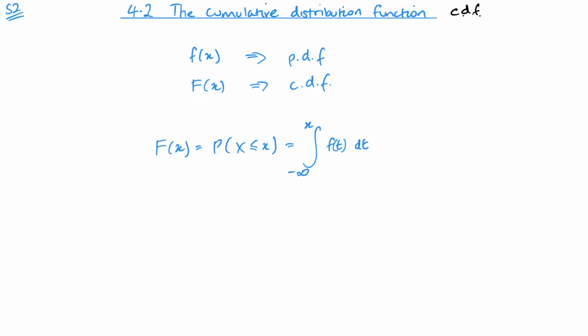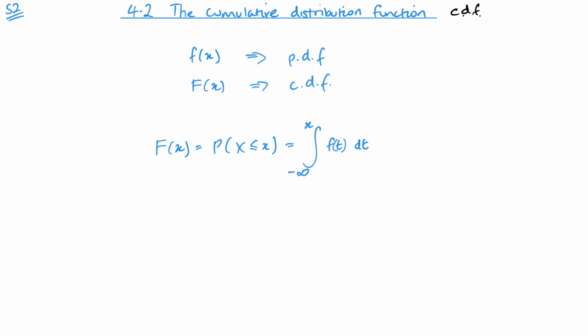Now, why do we use t here? We just use another parameter because x is one of our values, one of our limits. So in that case, then we tend to use t. T is something that you see coming up quite a lot, and you'll see it in your pure mathematics as well.